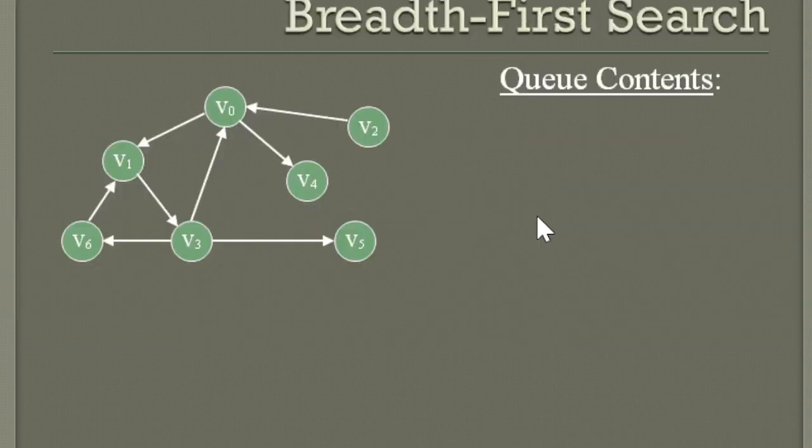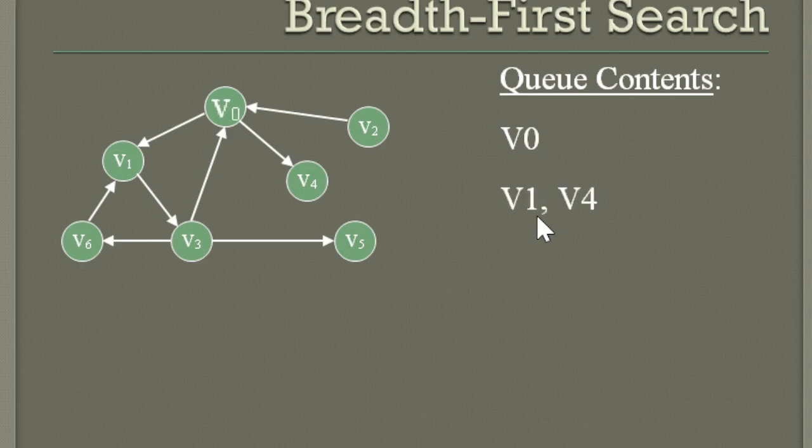Let us consider the same example. The same graph, 7 nodes, V0 to V6. First we select any one of the nodes as the starting node. V0 is the starting node. V0 is inserted into the queue. Then the adjacent nodes of V0, that is V1 and V4, are inserted into the queue.